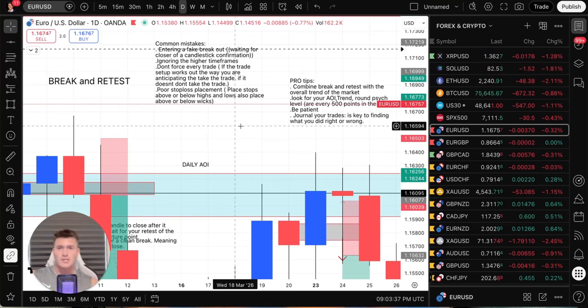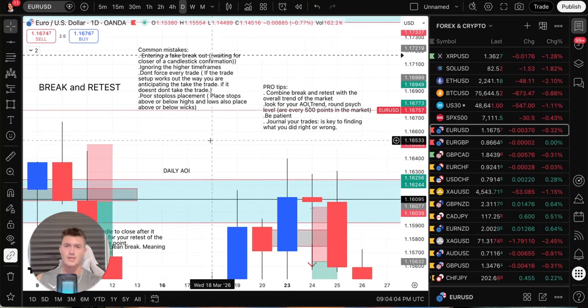Poor stop loss placement. Place your stops above or below the highs or lows, depending on if you're buying or selling, and also place them above or below the wicks so that you get the highest probability of it not stopping you out and then continuing in your direction, because you trade with the trend.